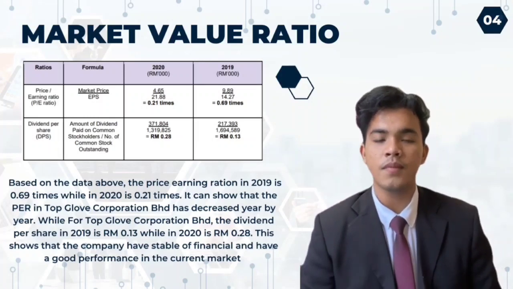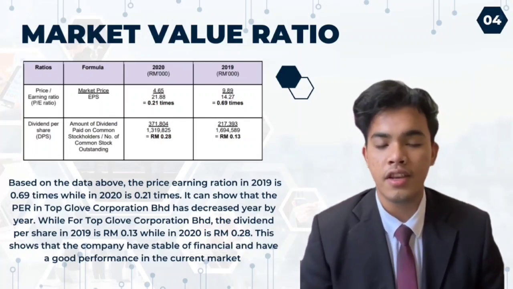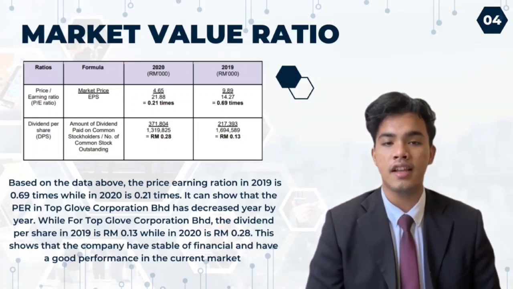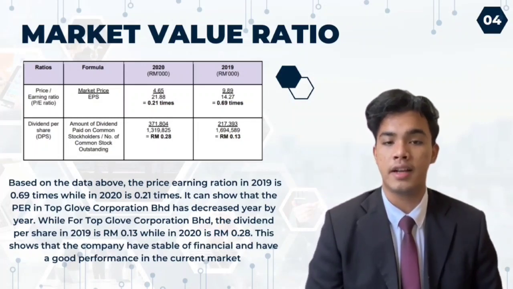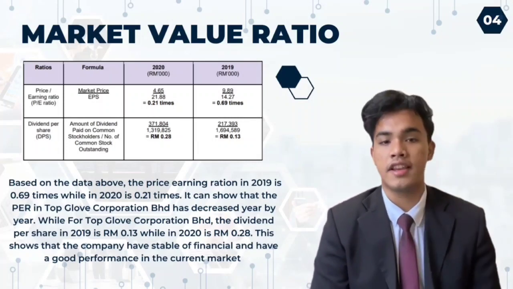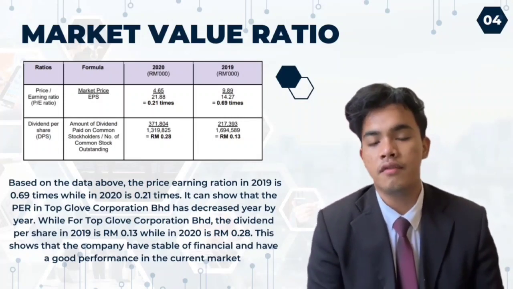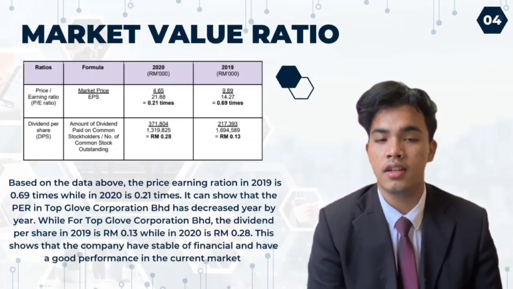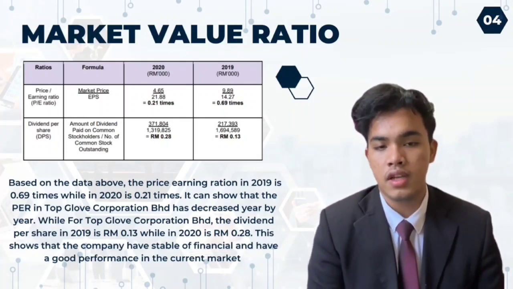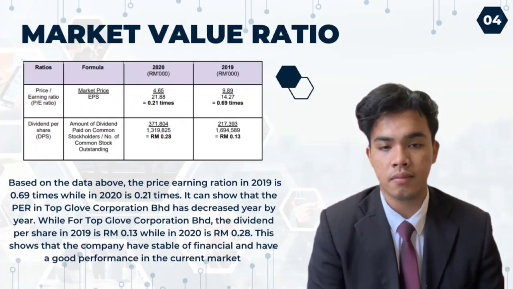Next, the dividend per share can be defined as the sum of declared dividends issued by a company for every ordinary share outstanding. To find dividend per share, the amount of dividend paid to common stock holders is divided by the number of common stocks outstanding.